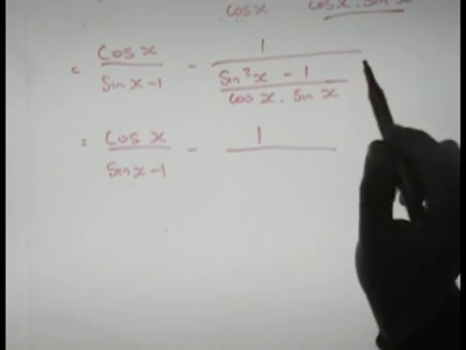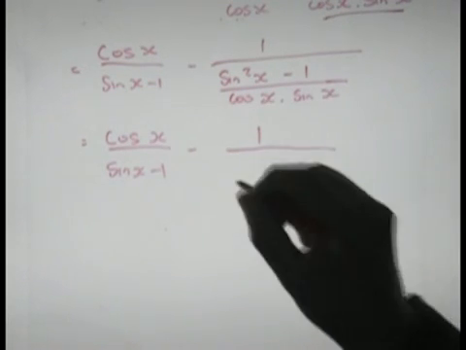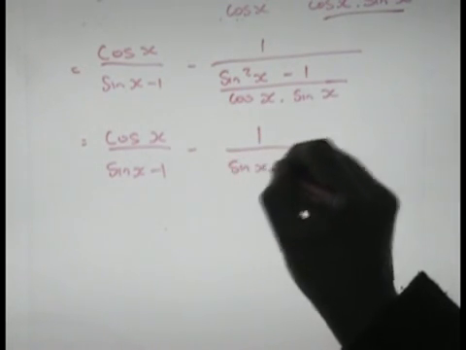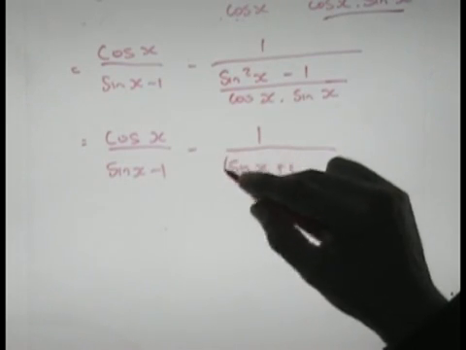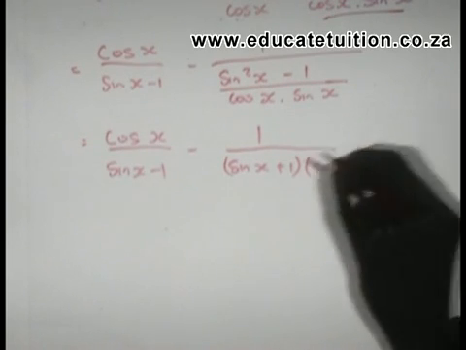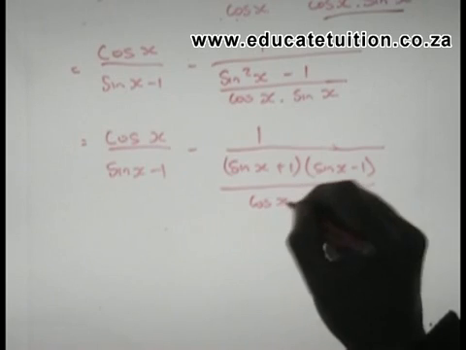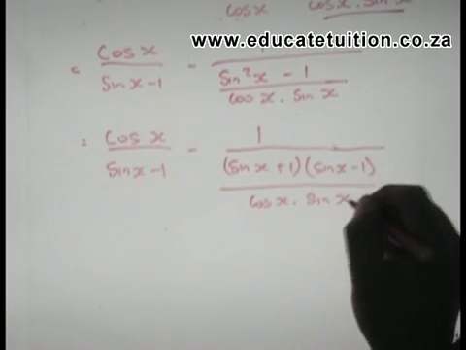That can become sine x plus 1 times sine x minus 1, difference of two squares, sine x plus 1 times sine x minus 1, and it's that divided by cos x times sine of x.